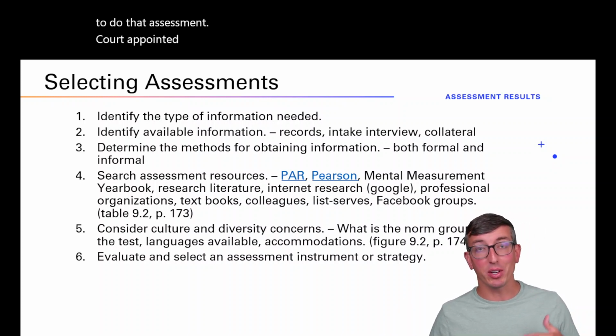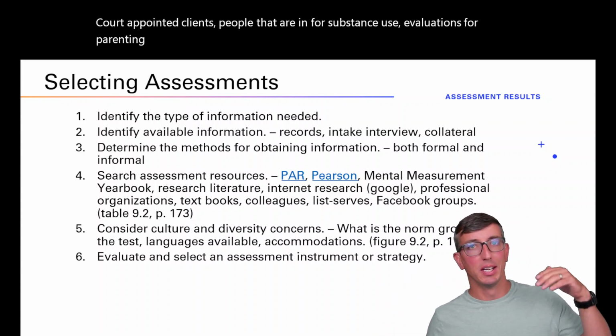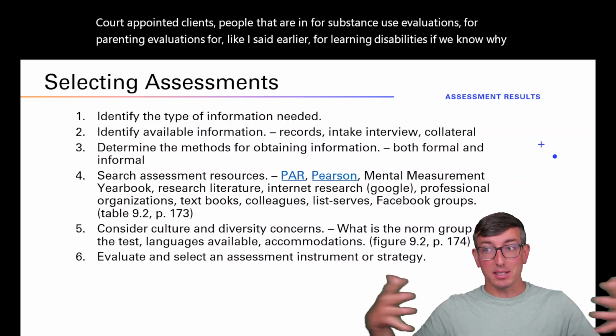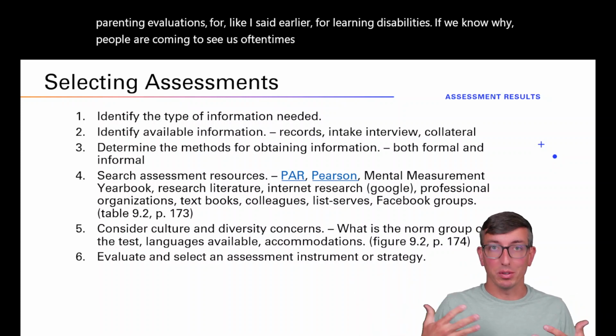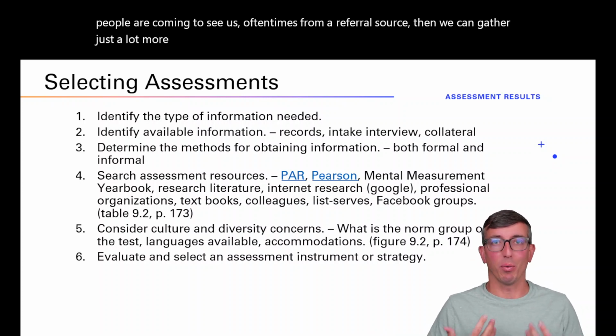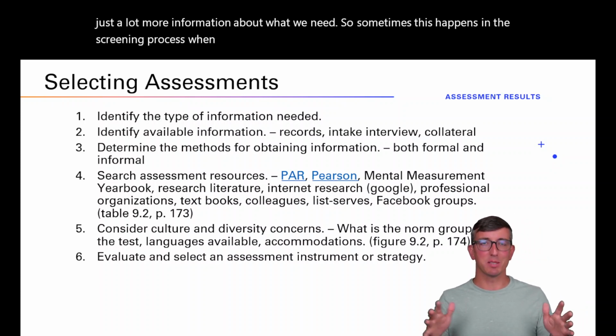Court-appointed clients, people that are in for substance use evaluations, for parenting evaluations, for, like I said earlier, learning disabilities. If we know why people are coming to see us, oftentimes from a referral source, then we can gather a lot more information about what we need. So sometimes this happens in the screening process when someone calls in to make their first appointment.